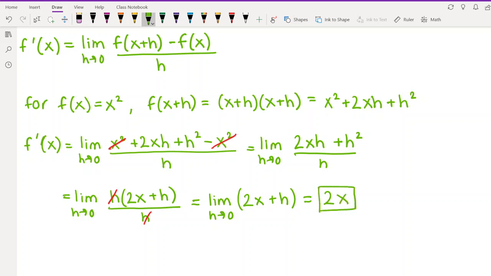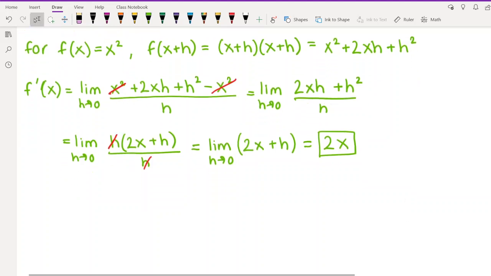So what does this mean? Like, what is this telling us? This is telling us that for any x value, if we want to figure out the slope of the tangent line to f of x equal to x squared at that x value, we just have to plug it into the function 2 times x. And that will, for any x value, tell us the slope at that point. So let me write that down. So our equation we just came up with was f prime of x is equal to 2x.